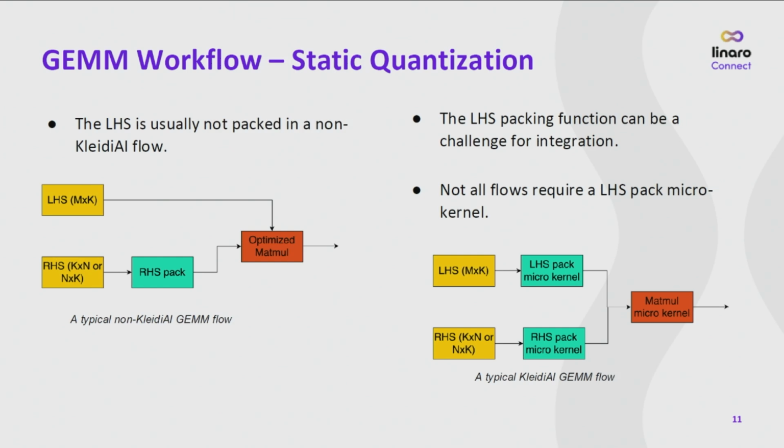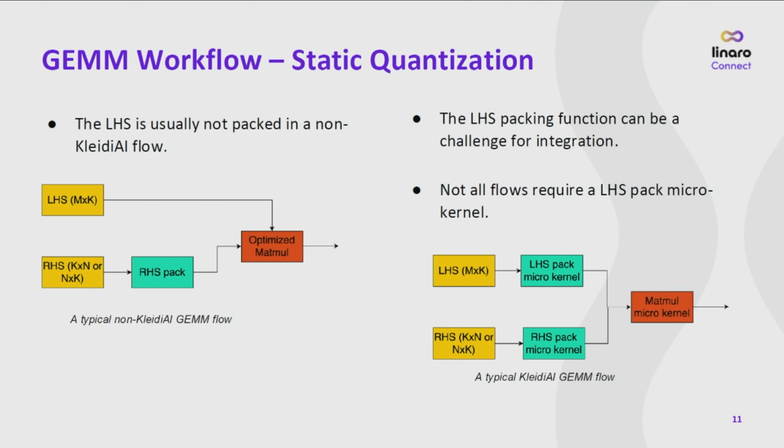So let's go through a couple of workflows. On the left-hand side, you'll see a regular non-KleidiAI workflow, and on the right-hand side, you'll see a KleidiAI workflow. This is for static input quantization. Let's say you have a matrix n by k, and the right-hand side a k by n or an n by k matrix.